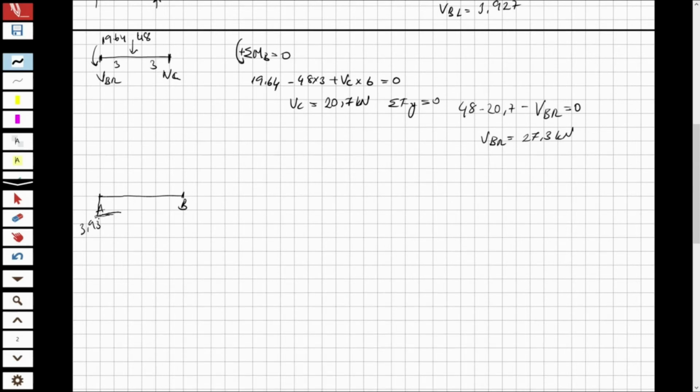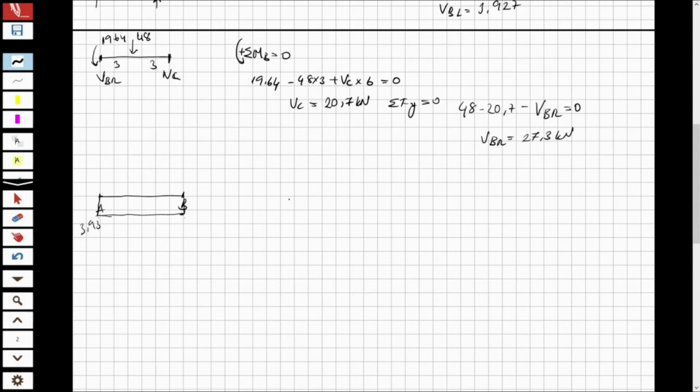I will continue with the same amount. And when I come to VB, the VB left will act as 3.93, and it will go up in this direction. And so now I have solved the shear for the first part.